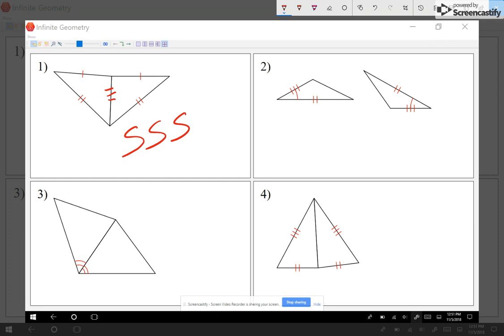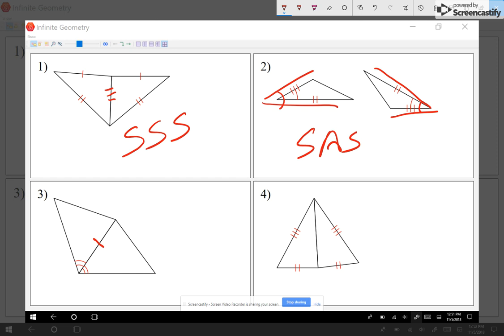Looking at question number 2, on each triangle, I'm given 2 sides. If you notice, I'm given this side, and the angle in the included angle. Remember, included angle is the angle where the 2 sides meet. Looking at the other one, I'm given the same thing. So this is side, angle, side, right? 2 sides and the included angle. Now, looking at question number 3, I can mark this side, but that's it.